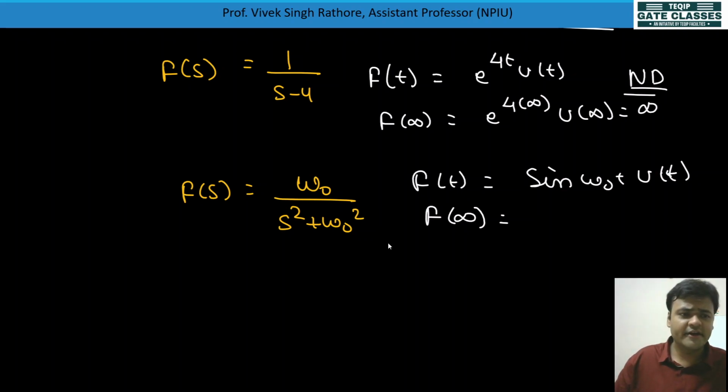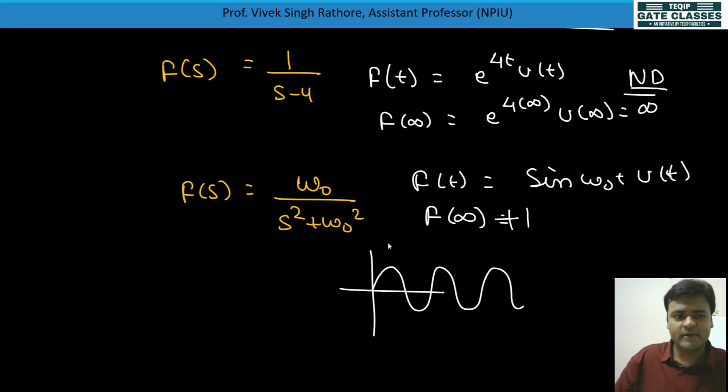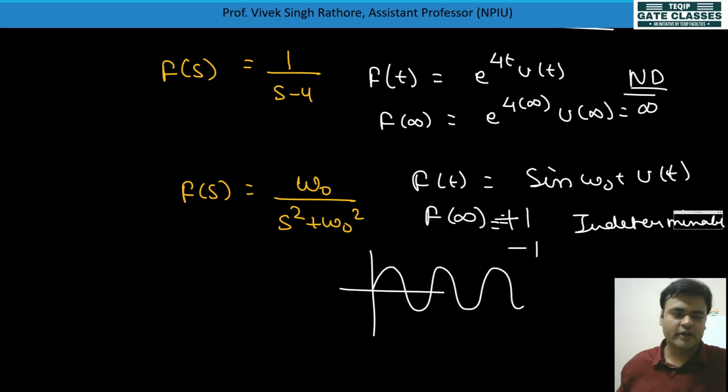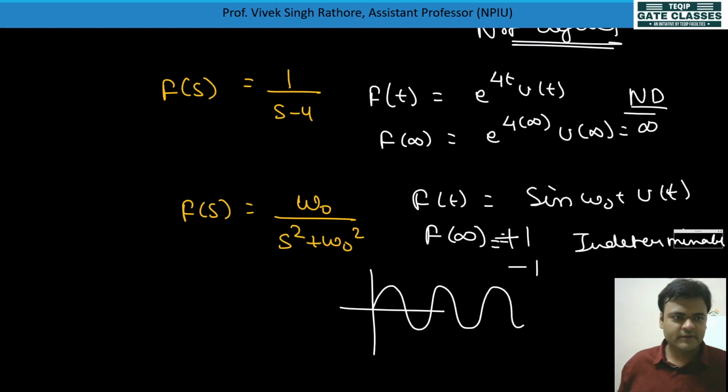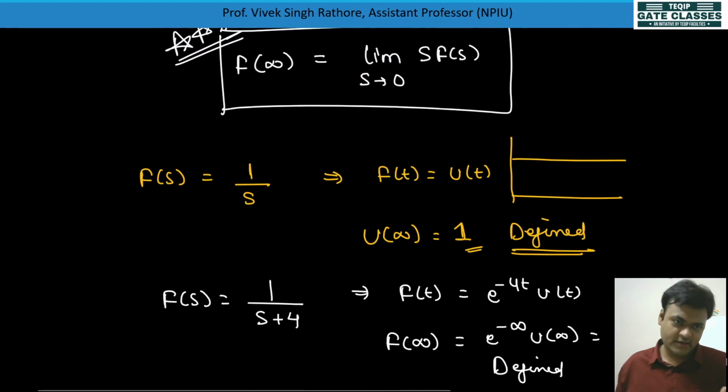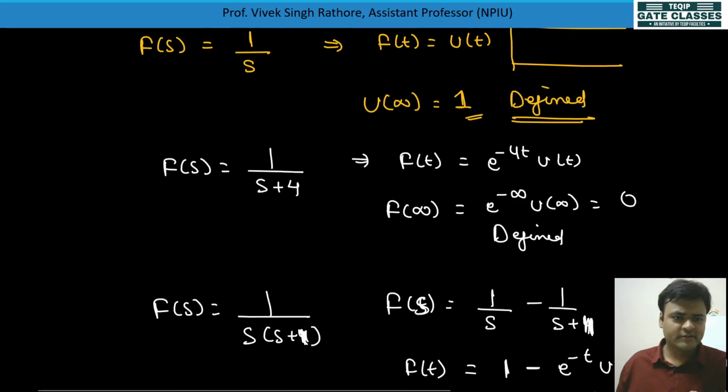It is indeterminable, because see the value, sine omega naught t may be plus 1, maybe minus 1 for t equal to infinite value. So we can tell that it is indeterminable.